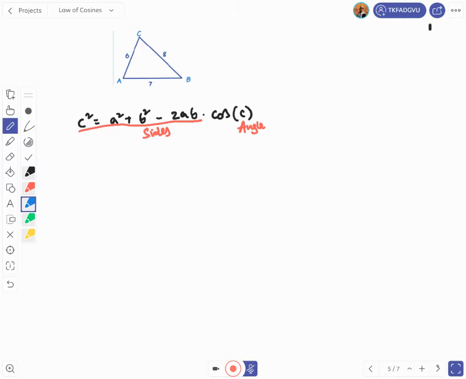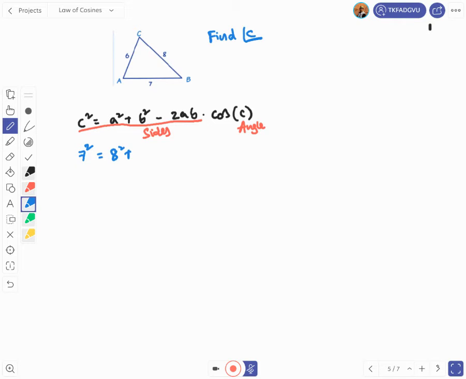So let's plug in these values. What is the C value? Please remember, it's the side opposite to angle C that I have to take. Let's say you are asked to find angle C. So C square means 7 square, A square means the side opposite to angle A, which is 8 square.